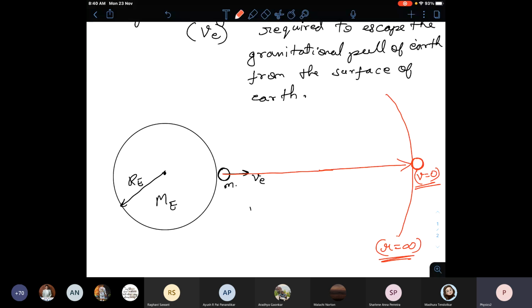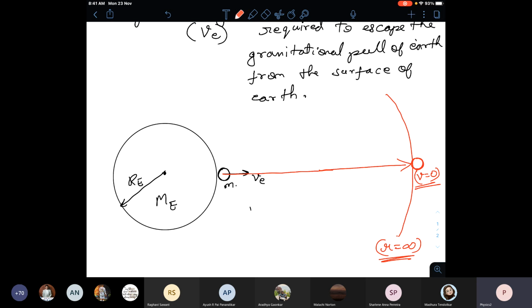From that point onwards the effect of gravitational pull from the earth is zero, it is gone. And velocity equal to zero means it is just reaching that r equal to infinity limit.